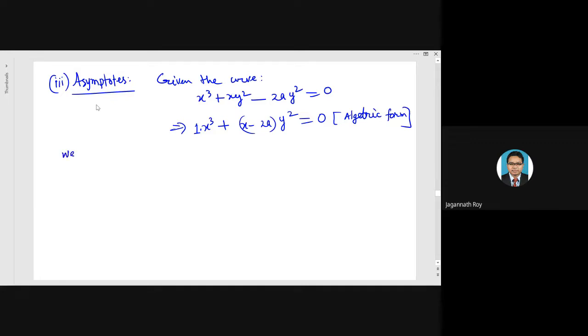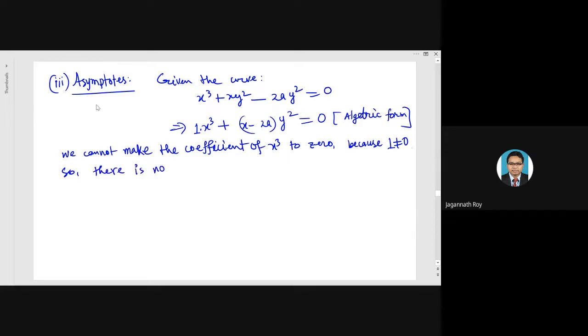So there is no horizontal or vertical, x cube. So there is no horizontal asymptote.